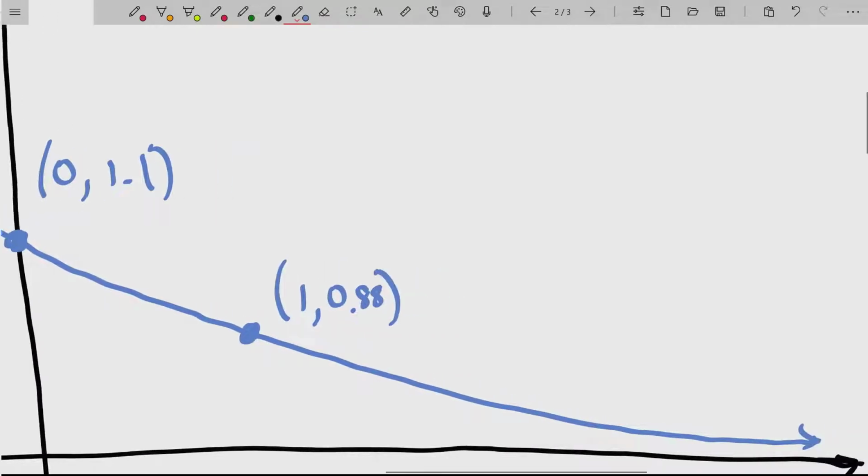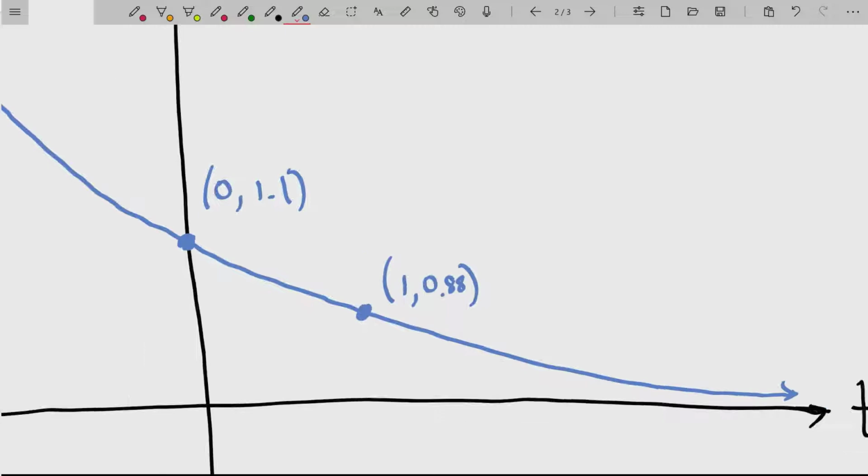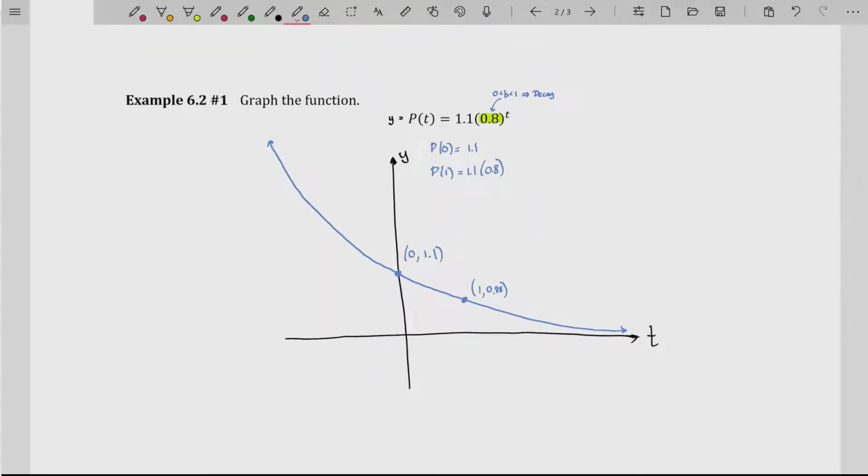Notice 0.88 as a y value is less than 1.1. So it does make sense. And also notice here that the way I drew this function, it is decaying to a height of 0.